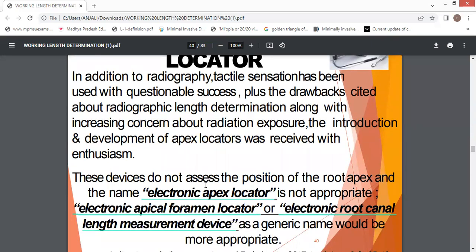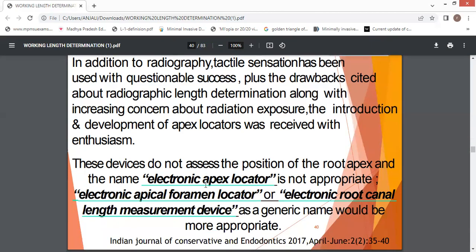These devices do not assess the position of the root apex, and the name electronic apex locator is not appropriate. Electronic apical foramen locator or electronic root canal length measurement device as a generic name would be more appropriate.